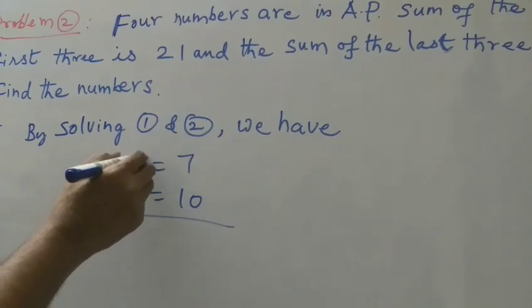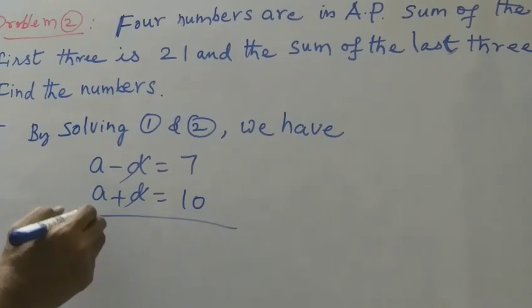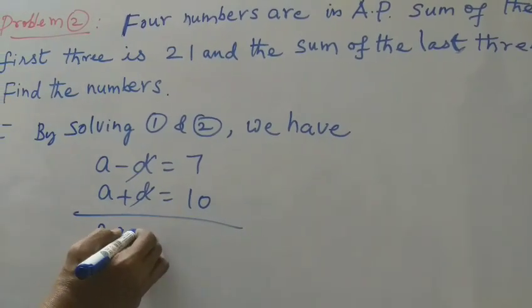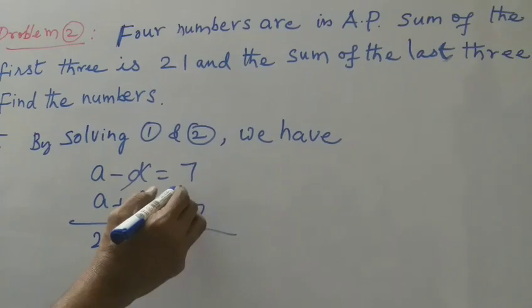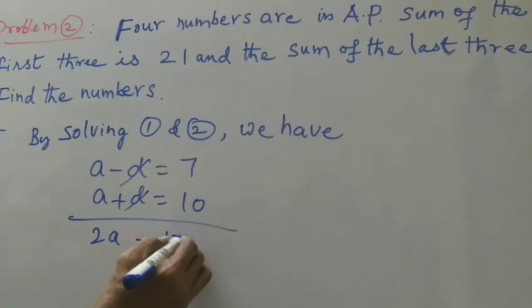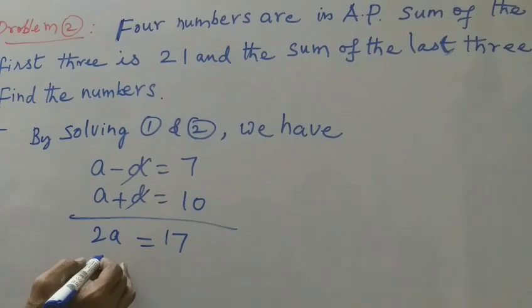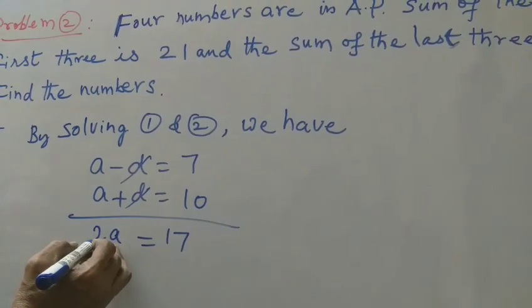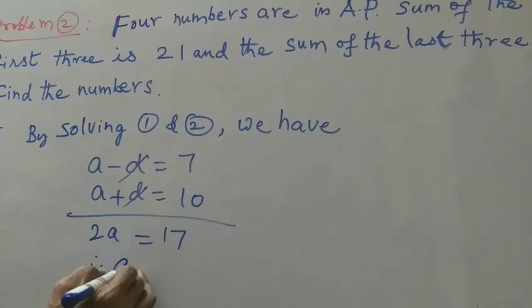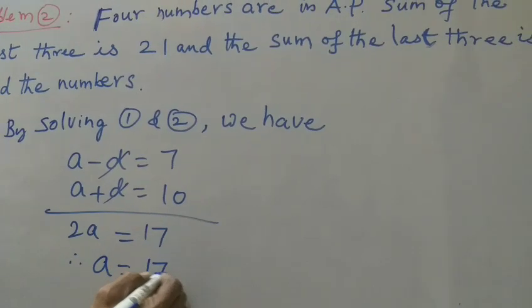Minus d plus d, both are cancelled in this. a plus a, 2a. 2a is equal to 7 plus 10, 17. Therefore, a is equal to 17 by 2.